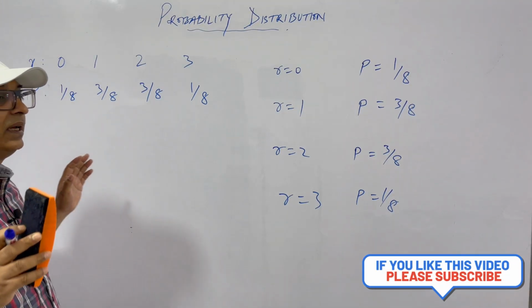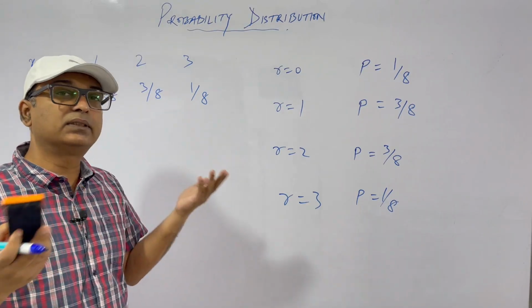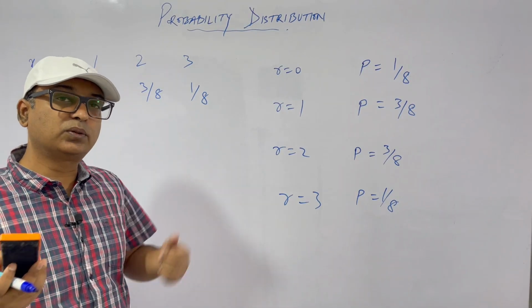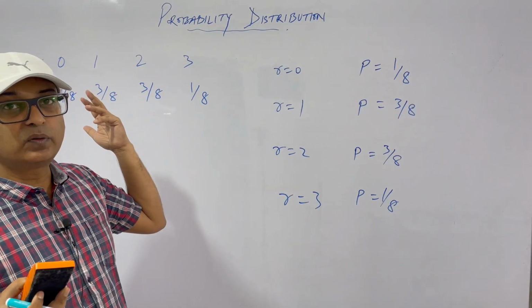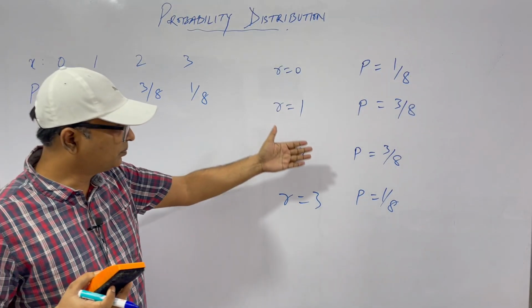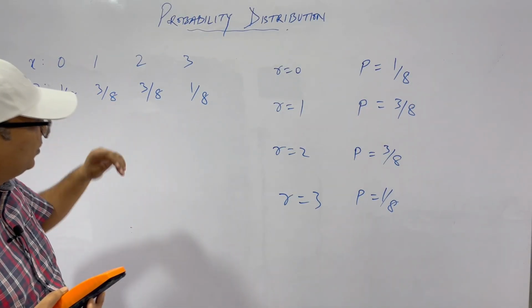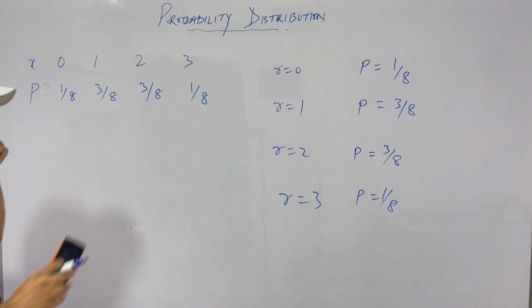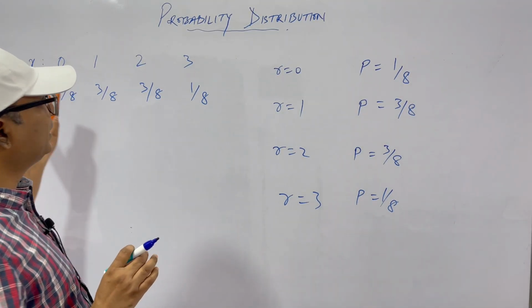When you have a question, for example, that we toss a coin 3 times, what is the mean of the distribution? From the theory of probability we are able to find the distribution table, and now we will find the particular constant that we want, like mean or variance. So up till now it is clear.